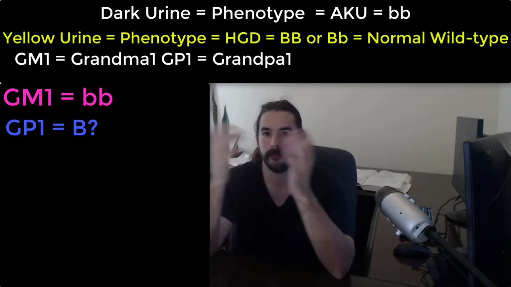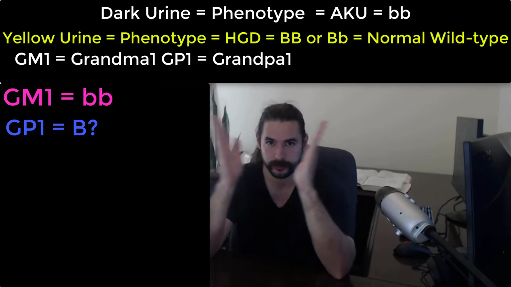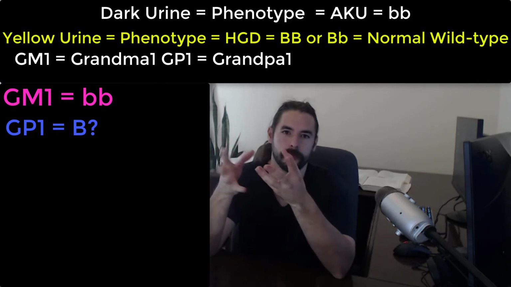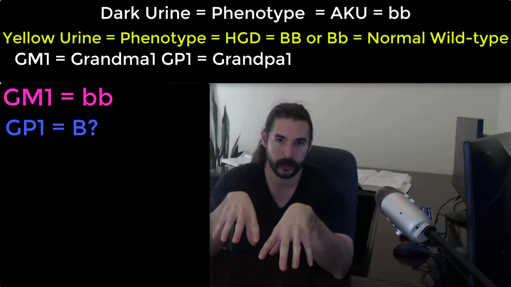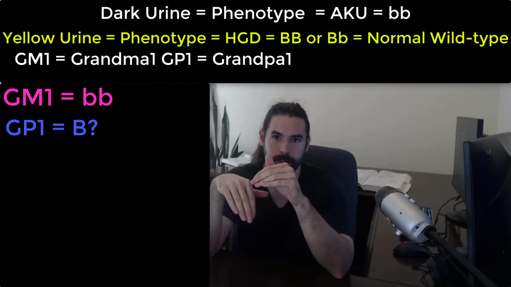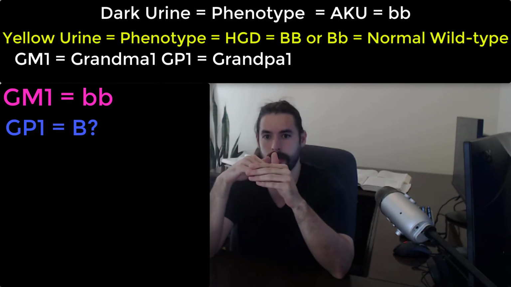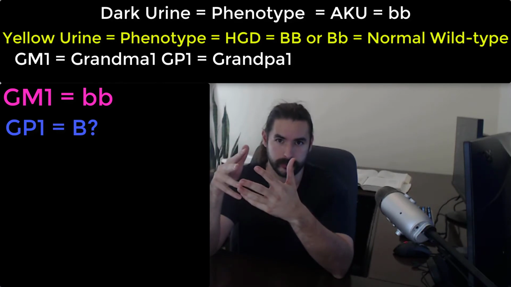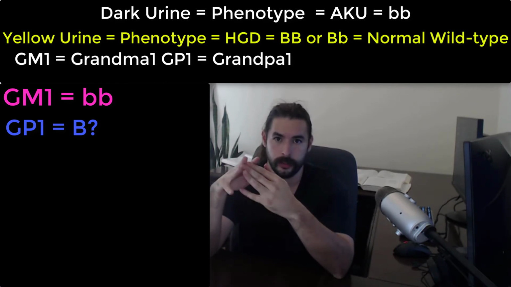Then my mother and father from these 2 different families got together and had me, and now I have black urine, but neither of them do. So let's just do genotypes from my grandparents down to me. Hopefully this will give you an understanding of the homozygous, heterozygous, and recessive genotypes.